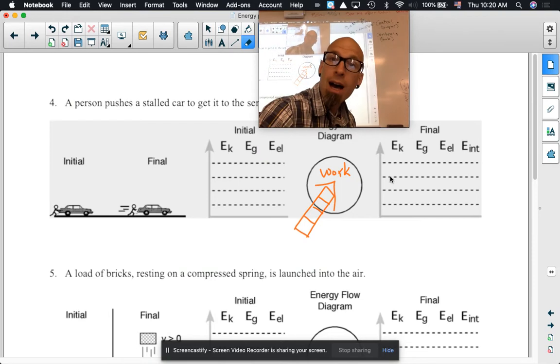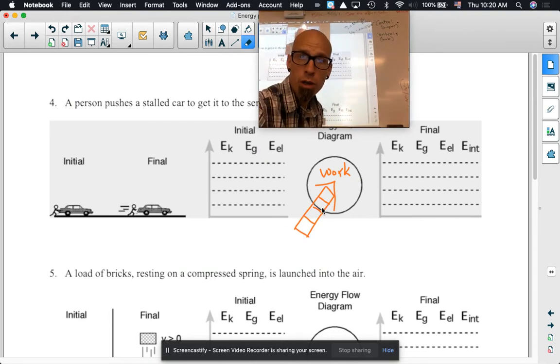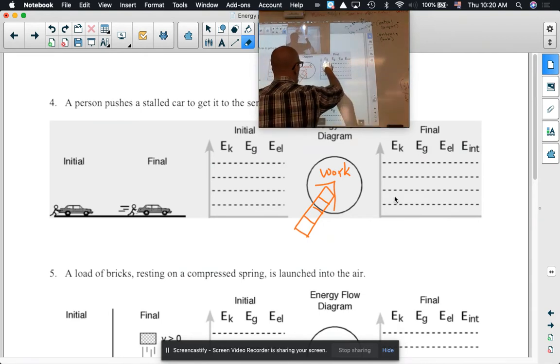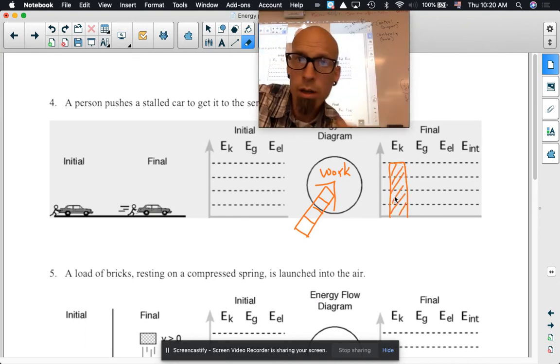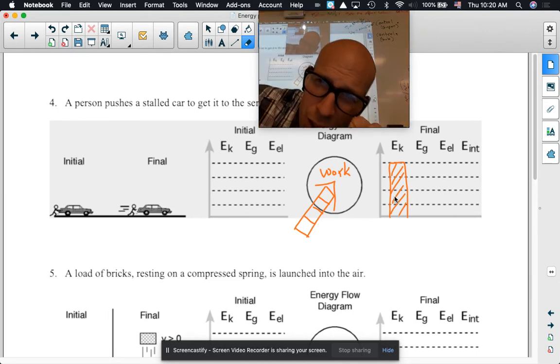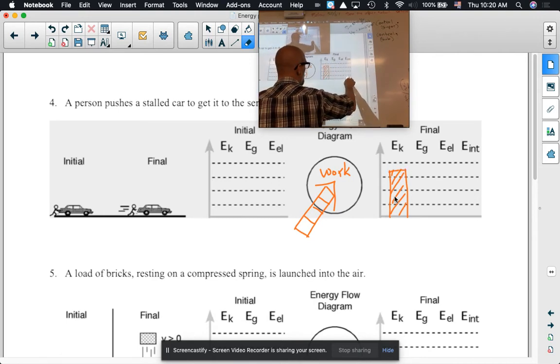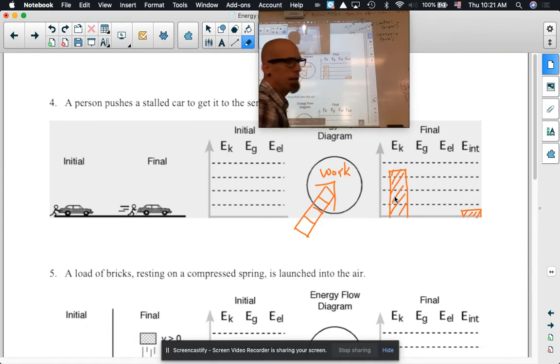So the simple answer for this one would be that all of the work done by the person becomes kinetic because it's moving at the end. So the simple answer would be this: all 4 blocks of work would be kinetic. The slightly more complicated answer would be, hey, some of what the person is doing has been internalized.